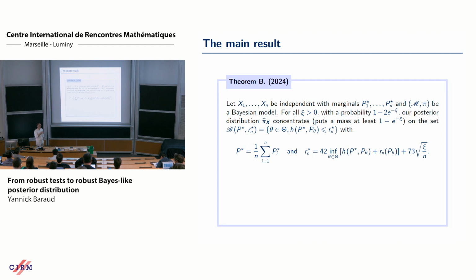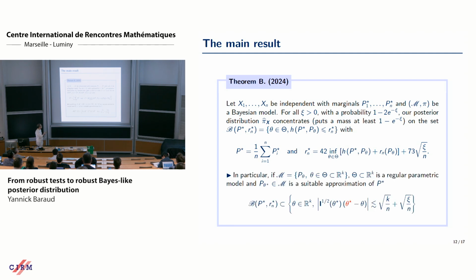So this is where the robustness and the stability of this new posterior distribution comes from. So it's not very difficult to deduce from this result that if you start from a statistical model which is regular and parametric and you have a nice prior on it, you can prove that this neighborhood here will just be a subset of the ellipsoid we started from, almost, except for the fact that this ellipsoid is now centered at the true parameter theta star.